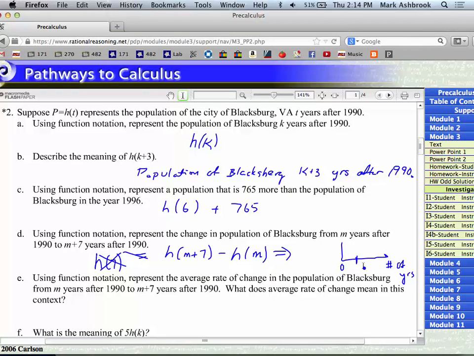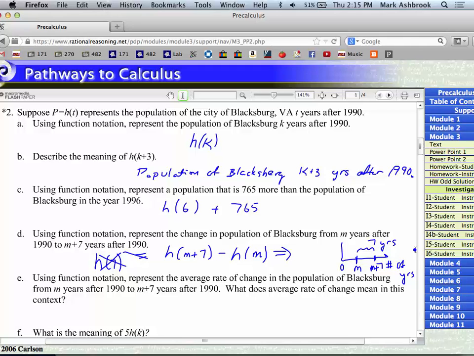M. And when do we finish? If we start at M years after 1990 and end at M plus 7 years after 1990, what could you say about that interval of time? It's 7 years. How can we show that 7 years symbolically? Horizontal line.